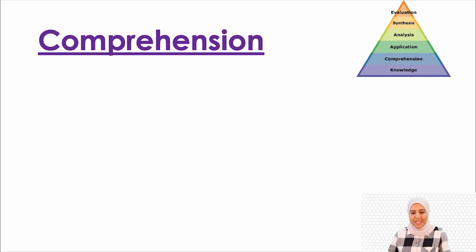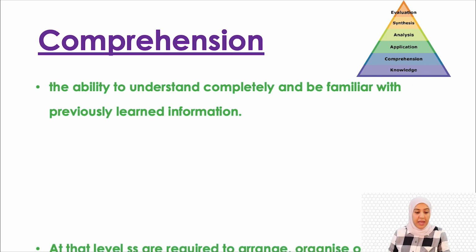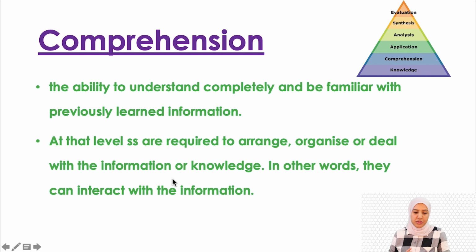Comprehension. Comprehension is the second level of Bloom's triangle, Bloom's taxonomy, Bloom's classification. Okay. The ability to understand completely and be familiar with the previously learned information. At that level, students are required to arrange, organize, deal with the information or knowledge.